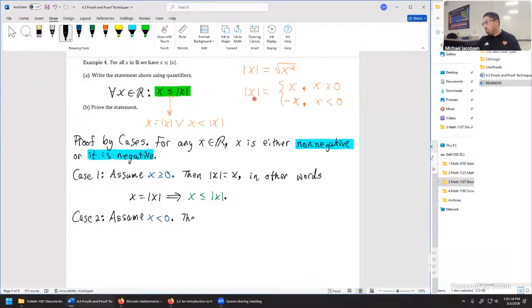We'll say then the absolute value of x is the negative of x. It makes sense, right? If x is negative, the absolute value cannot be negative, so we put in a double negation right here. You just don't see it because there's only one negative sign, but also the assumption x is negative. Then what should we do from here?